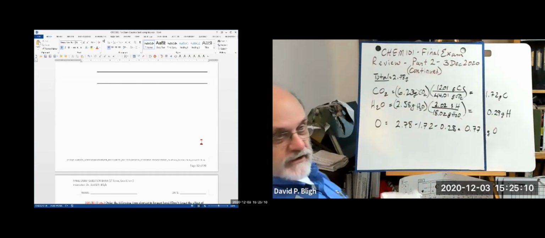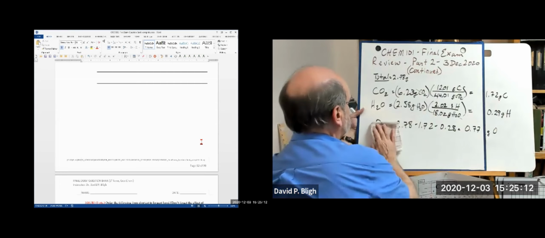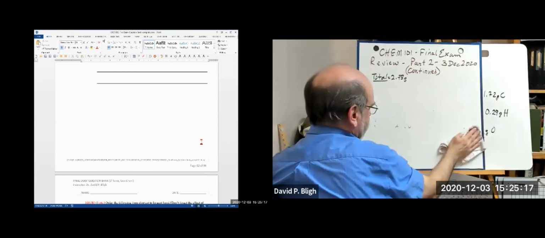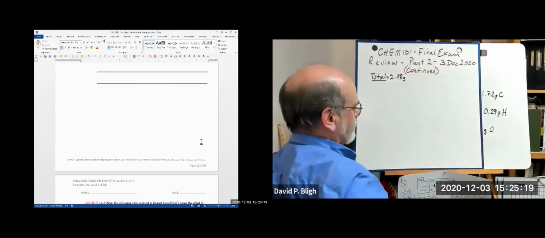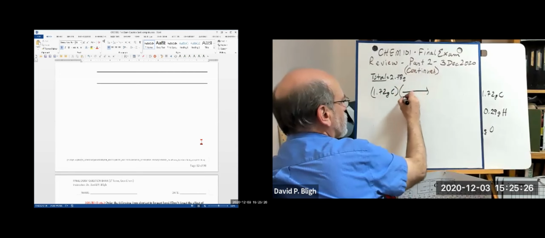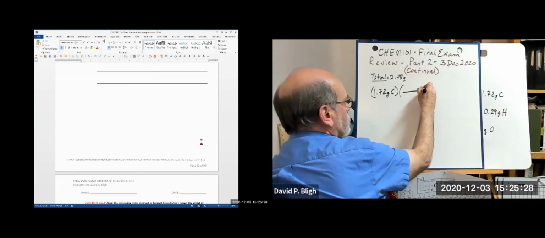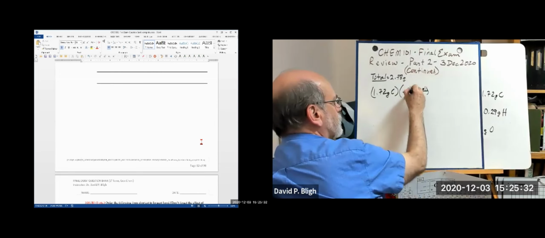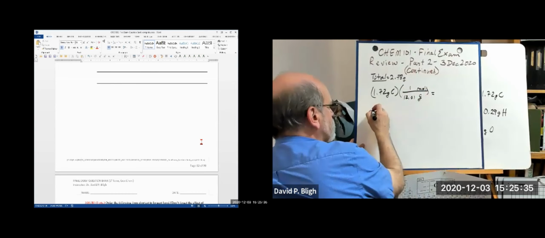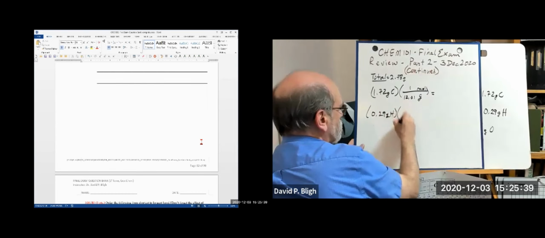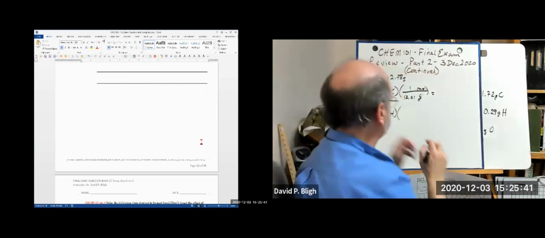Okay, I'm going to have to erase this because I've run out of room. All right, so 1.72 grams of carbon is how many moles? Grams per mole. 12.01 per mole. Hydrogen, 0.29 grams of hydrogen. I think that's right. Yeah.